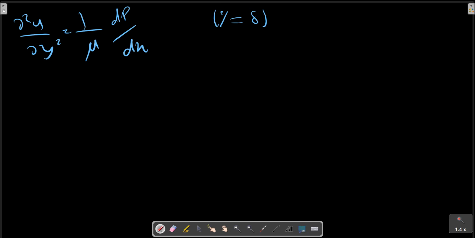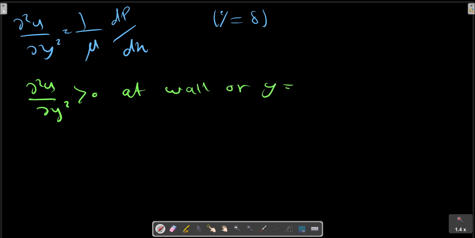Let me write the second derivative: it is positive at the wall, or it must be negative at the outer layer to merge smoothly with the mainstream flow.